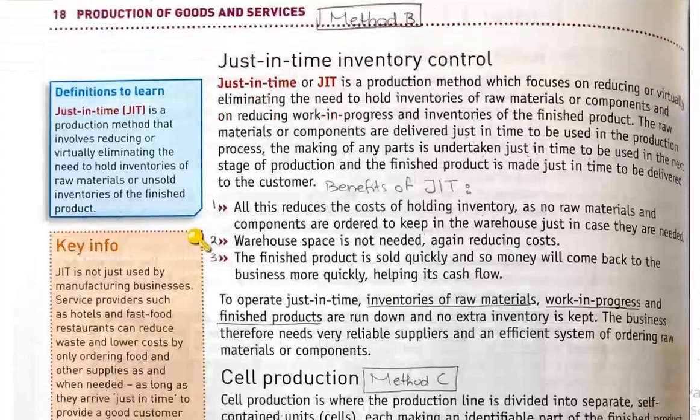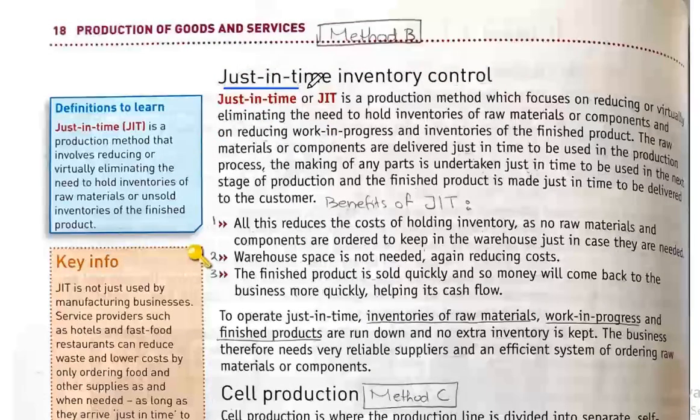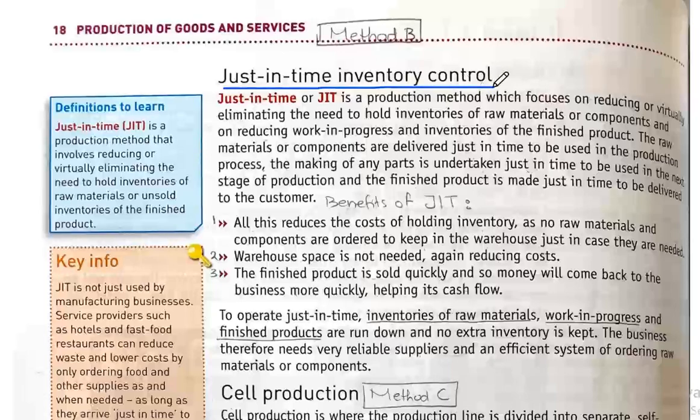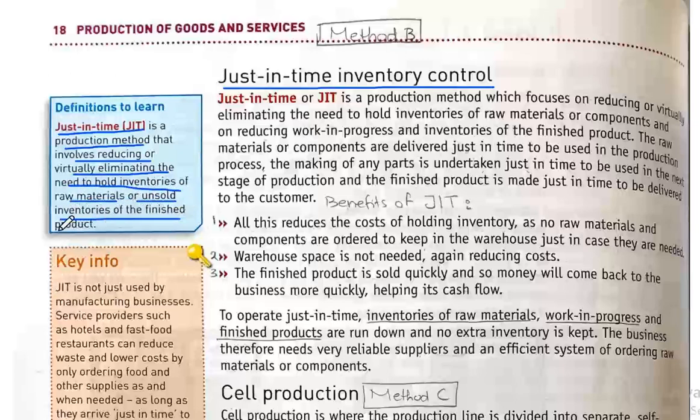So over here we have the second method, which is just-in-time inventory control. What is meant by just-in-time inventory control? It is a production method that involves reducing or virtually eliminating the need to hold inventory of raw material or unsold inventories of the finished product.